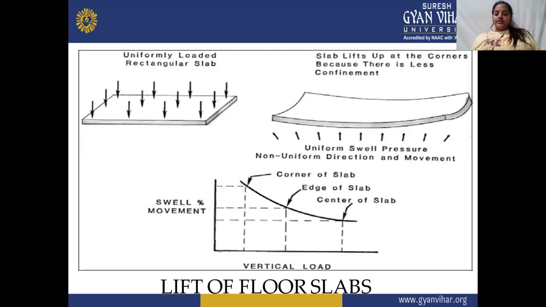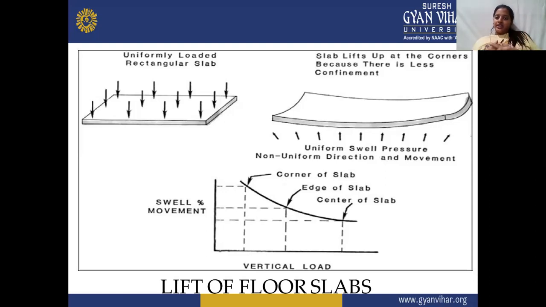So this is the lift of floor slabs. You can see the forces. If there is a uniformly loaded rectangular slab, the load exerted by the slab is usually equal on all parts of the soil.